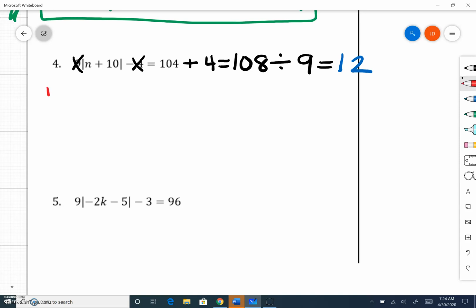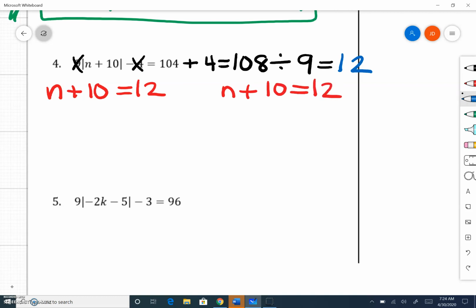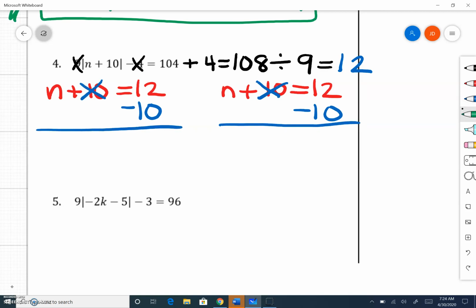Now the problem inside, n minus 10 equals 12, and n plus 10 equals 12. Whenever I have a plus or minus sign, I'm going to do the opposite. So plus 10 tells me to make it a negative 10. Add those 2 together. N equals 2.